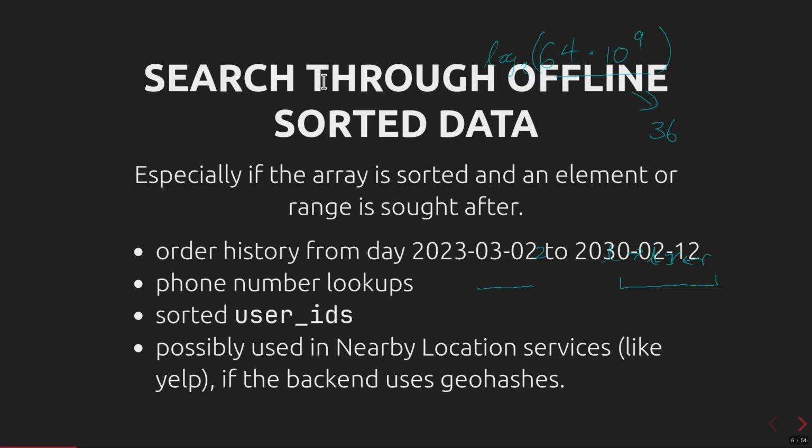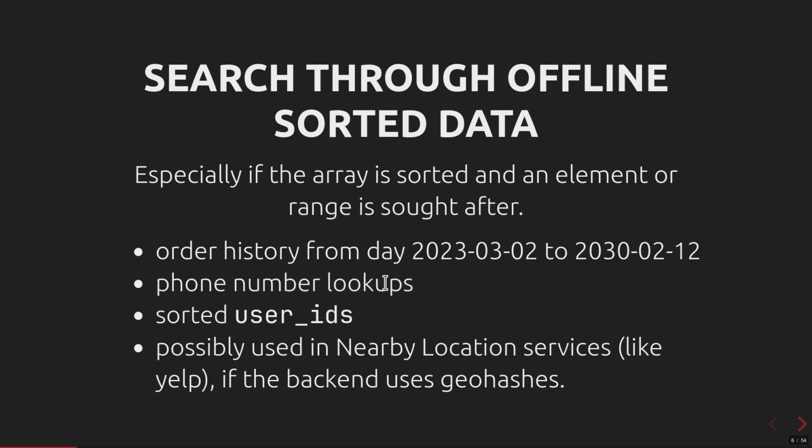It's also used to search through sorted offline data. You can imagine use cases like order history, which is naturally ordered by dates. You can think about phone number lookups, because phone numbers have an ordering.